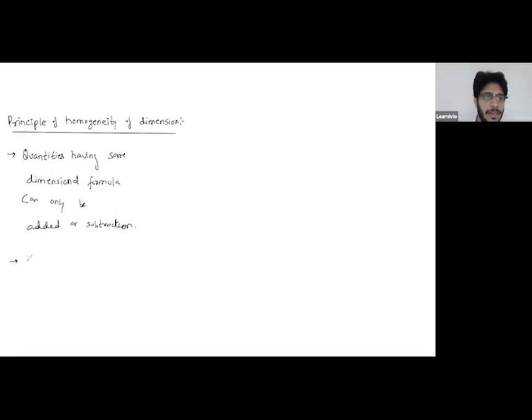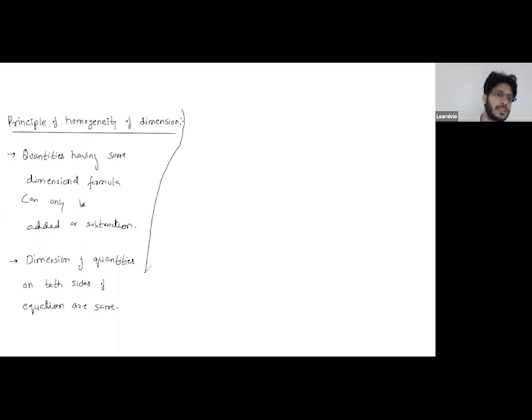The same result can be written in one more way. It can be written as that the dimensions of quantities on both sides of an equation are the same. If you take an equation, then the dimensions of quantities on both sides of the equation are exactly the same.